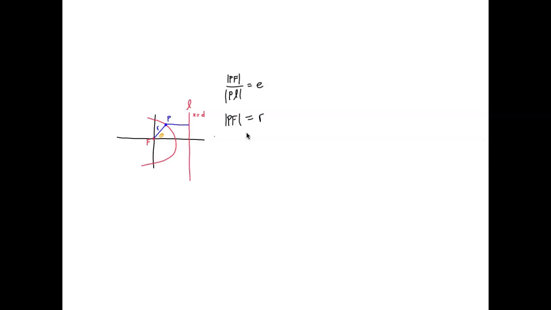And the distance PL, we can do a little trig to come up with an expression to represent that. So P to L is this horizontal distance. So it's going to be d minus, and what I want to do is take out basically this distance here, right? Well, let's call that x.